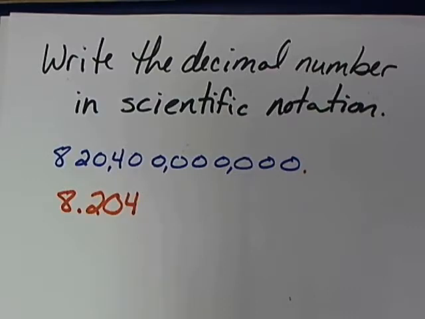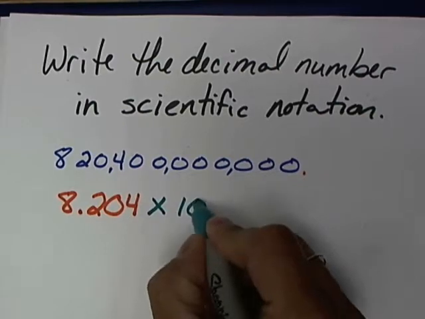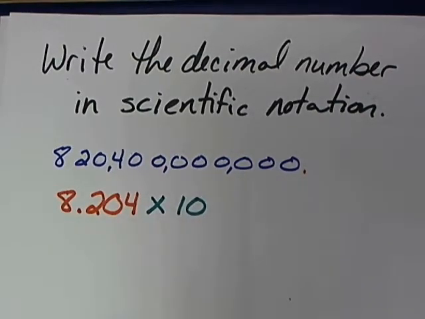Then, because it's scientific notation, I must have times 10. Because in order to move a decimal point, it's because you are multiplying by 10. The exponent never goes on our number here. Okay. And now we get to count. Yay, love to count. Okay. And we go through and we say, okay, my decimal point is over here.